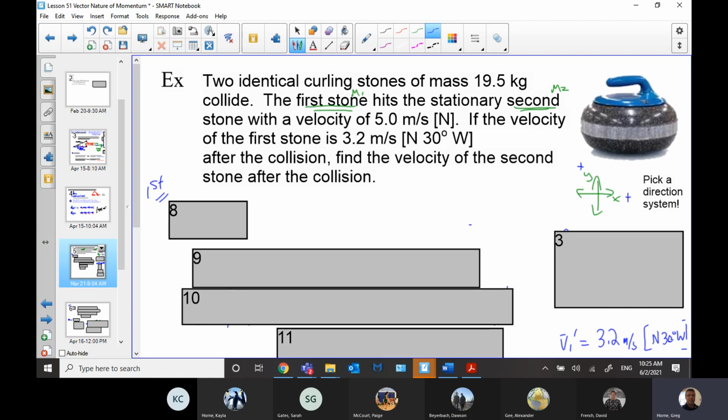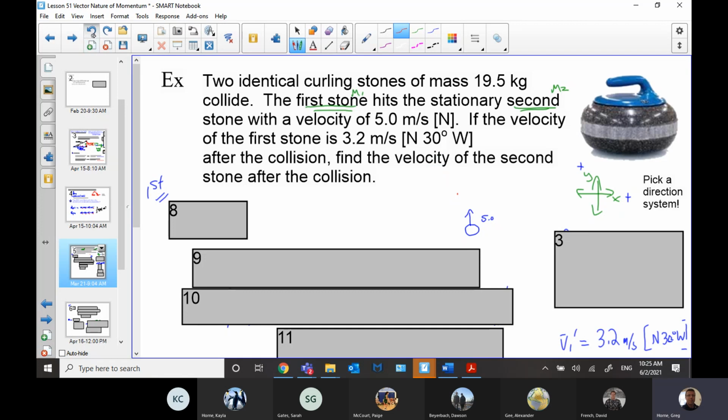So picture the blue stone coming in hot like this with the 5 north, just roughly speaking. And then it hits the red stone. So it's ending up going north 30 degrees west. So it ends up after the collision going this way, right? So we'll do that better in a second.